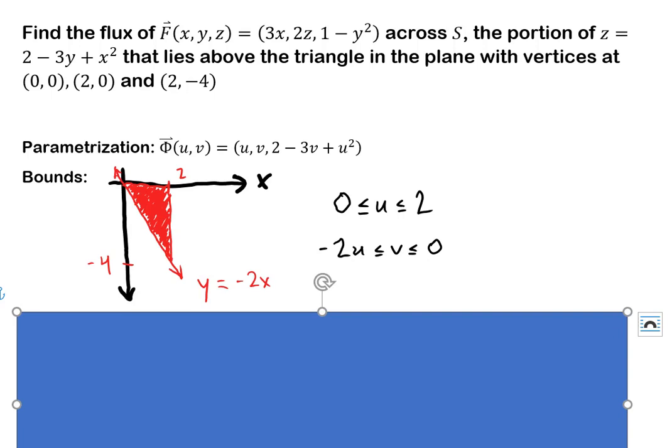So v goes from negative 2u up to 0. These are the bounds that we're going to need to use when we calculate our double integral. So you have to be very careful about what the question is specifying as far as what your surface is.